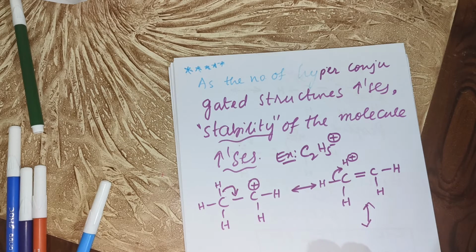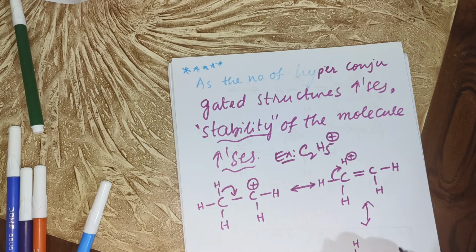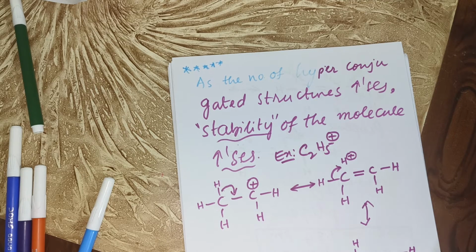That's why it now becomes H plus, and a bond is again formed, while the double bond remains the same, C H H. Then further, the double bond remains the same, and this bond is shifted towards this, H remains the same, and now H plus.